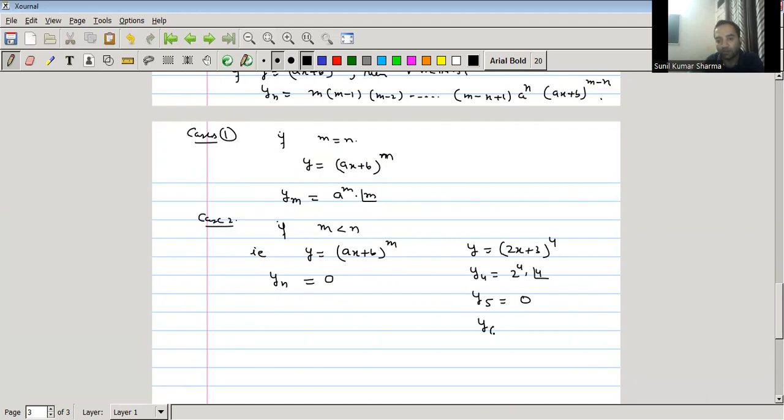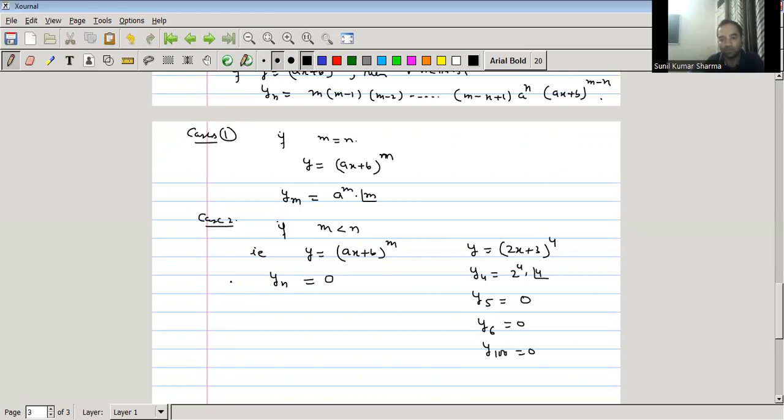If we have to find y6, again you get 0. If you have to find y100, you get 0. So if y is equal to (ax plus b) to the power m and you have to find yn where n is greater than m, then you always get the nth derivative as 0.